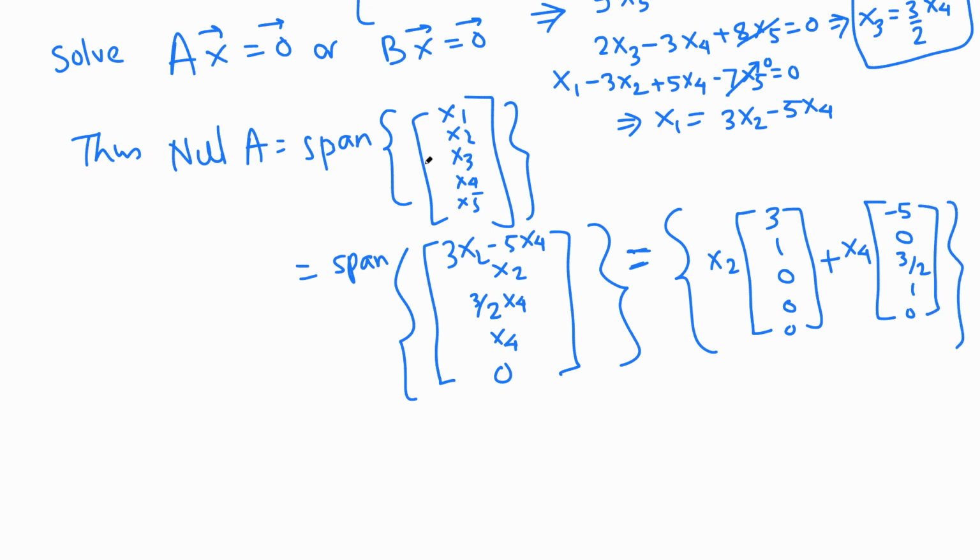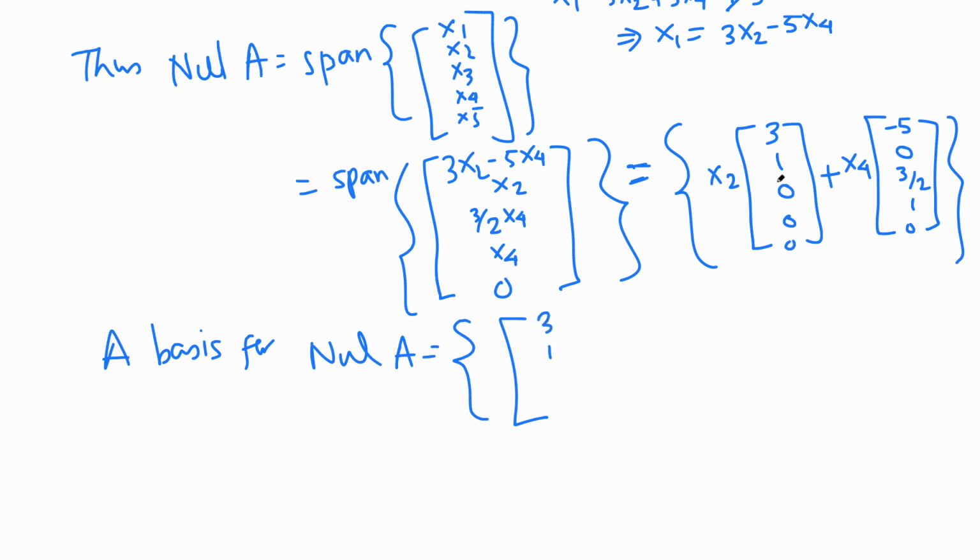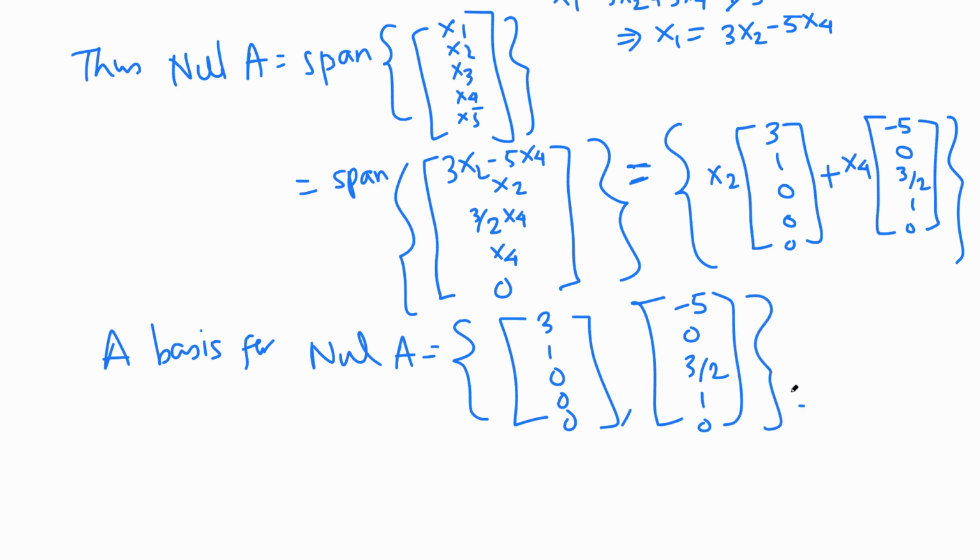In fact this x is a linear combination of these two vectors, so they form a basis. So a basis for null A is just a collection of these two vectors: 3, 1, 0, 0, 0 and -5, 0, 3/2, 1, 0. And we got two vectors in a basis, so the dimension is 2, which we found earlier.